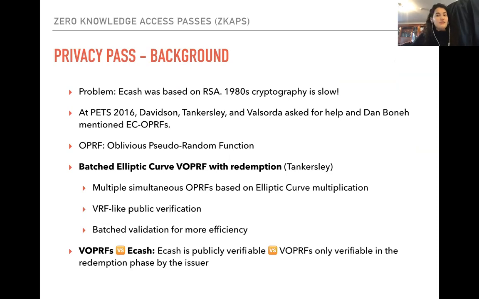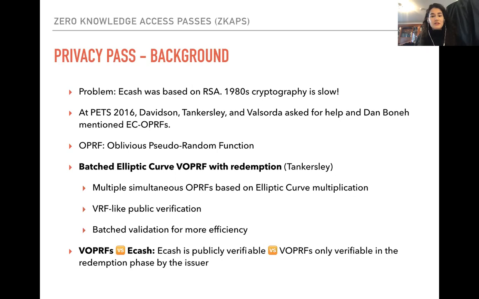So at PATS in 2016, Alex came on as well, and they asked for help. And then Monet mentioned EC OPRFs. OPRFs are oblivious pseudo-random functions. You can think about them as PRFs with some kind of blinding factor as well. They're based on elliptic curves.